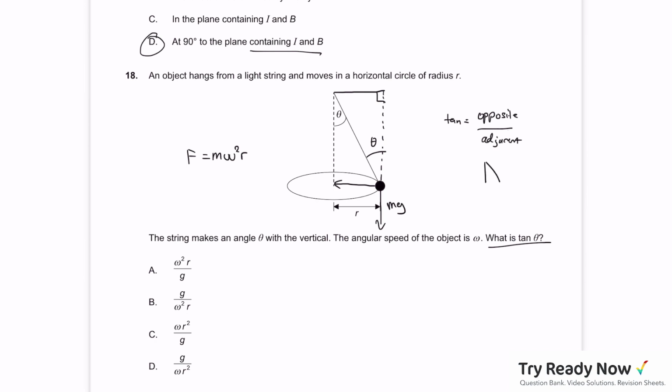I'm just going to quickly draw a right angle diagram here. Assume that this is theta. The opposite would be this and the adjacent would be this. The tangent is simply the opposite side divided by the adjacent side. And in this physics question, we're not trying to find the actual length of the side, we're actually trying to find the force.